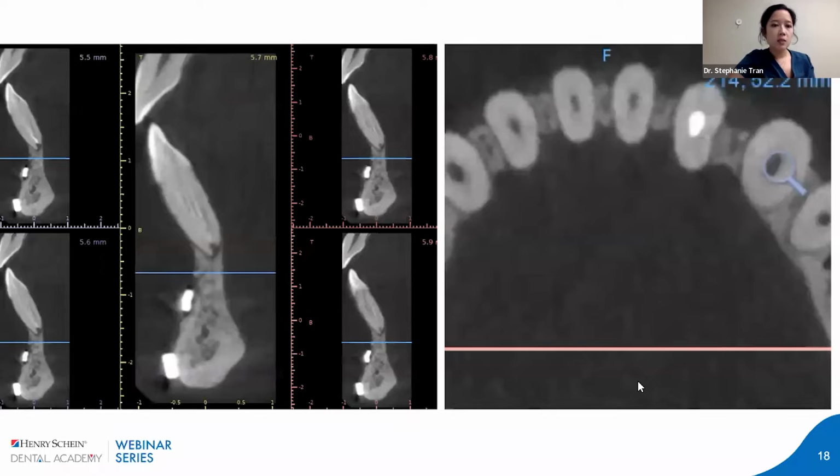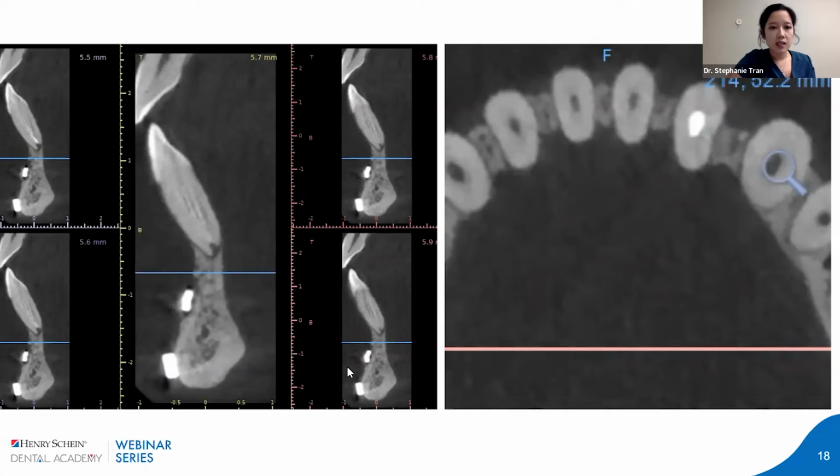This varies by machine, but there is a section of the machine where you can look at a small field, focused on one tooth at a time, and you'll see the crosshairs so you can center that. What you want to do is center the crosshairs on the tooth in question, put the long axis in line with the tooth, or sometimes even with just a single root, and then scroll through all the slices that way.